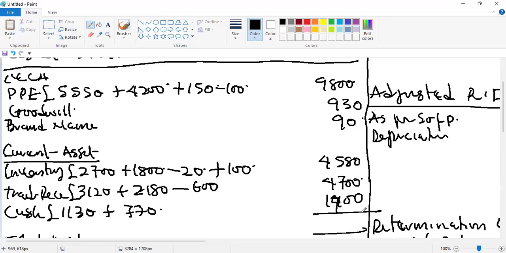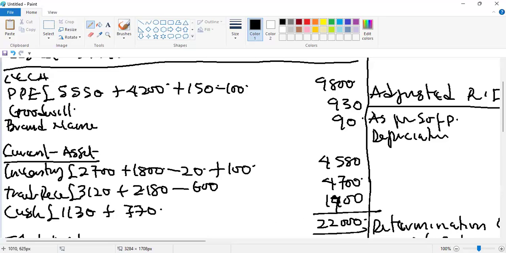That's 980 plus 930 plus 90, plus 4580 plus 47. The total is 22,000.